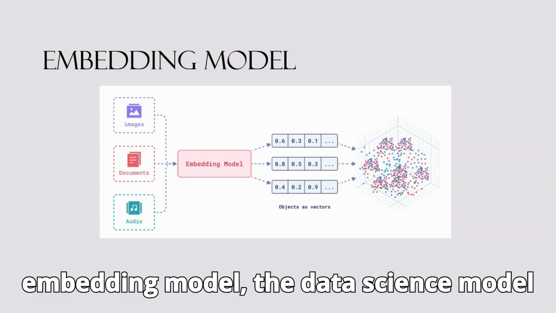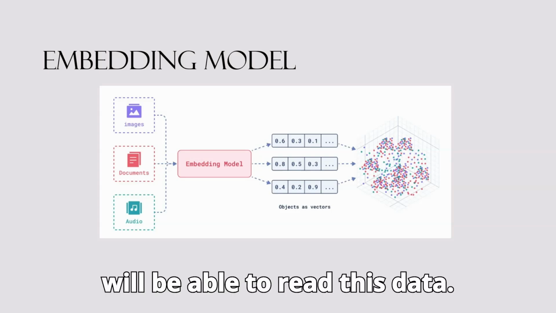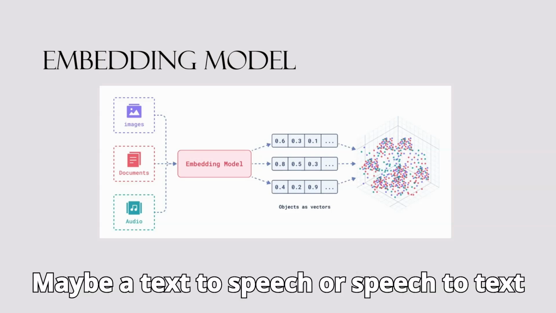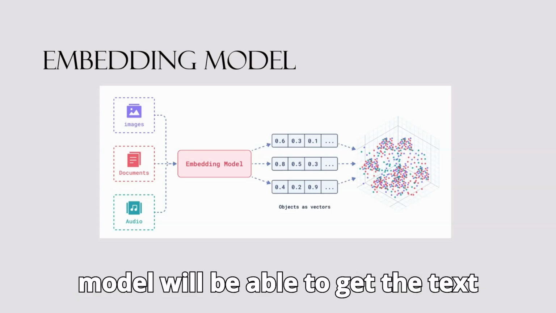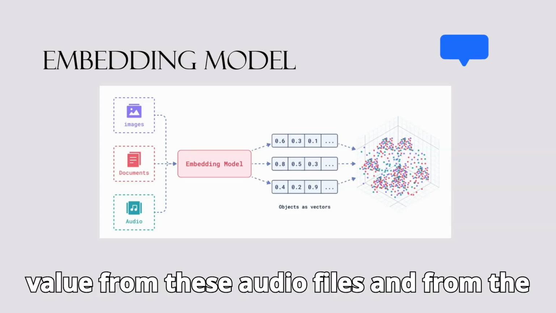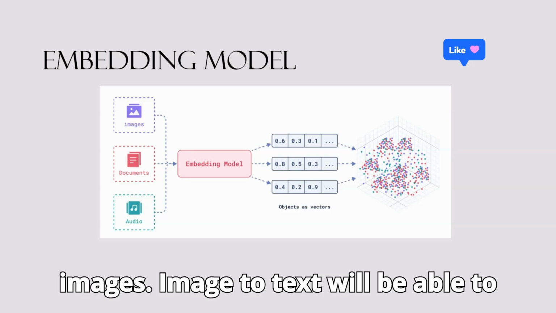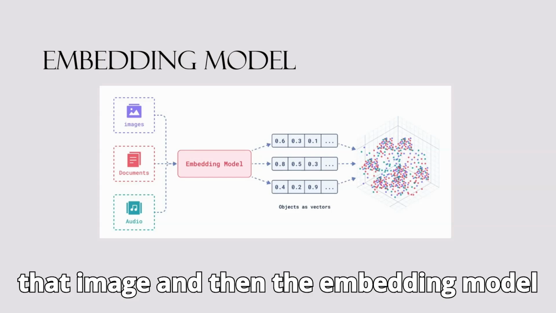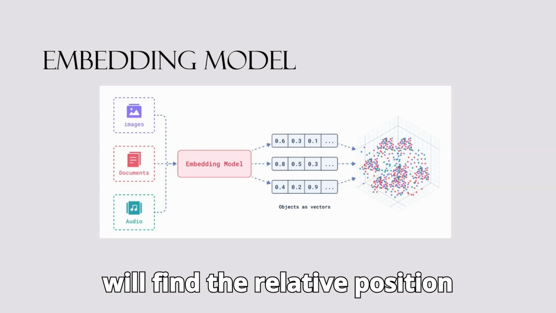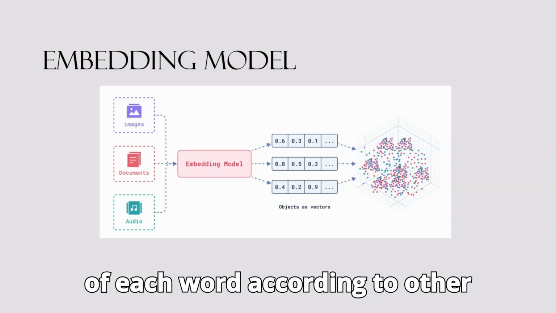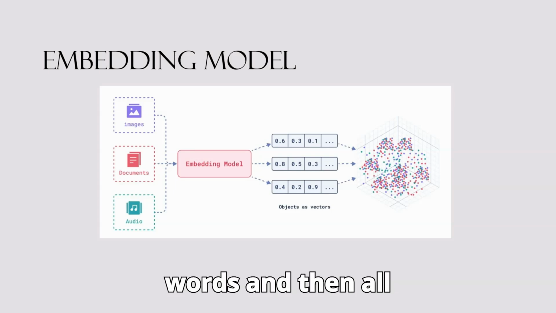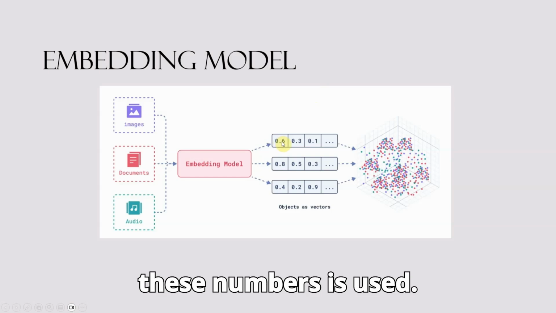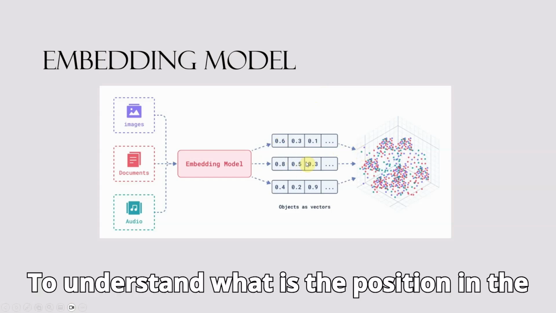The embedding model, the data science model, will be able to read this data. Maybe a speech-to-text model will be able to get the text value from these audio files, and from the images, an image-to-text model will be able to analyze the text representation of that image. Then the embedding model will find the relative position of each word according to other words, and all these numbers are used to understand the position in the vector space.